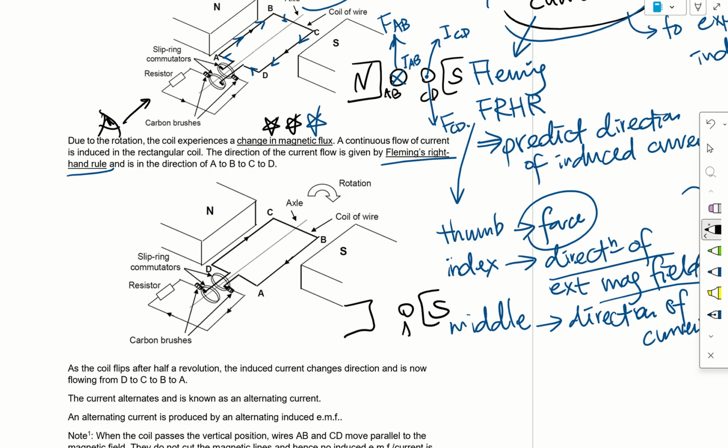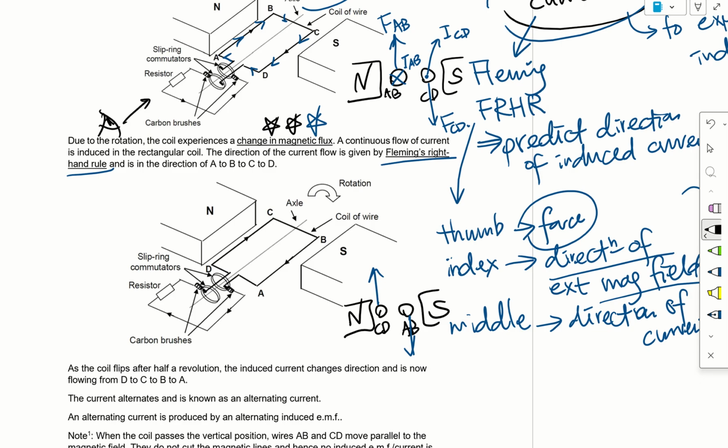After turning for half a revolution, AB is here, CD is here, and because I am always turning in this clockwise direction, of course you can turn clockwise or anti-clockwise, but you will want to keep it in one direction, so it's easier for us to turn, right? So now that half a revolution later, CD is on the left hand side nearer the north pole of the external magnet, AB is on the right hand side.